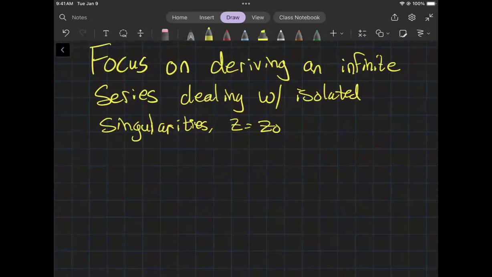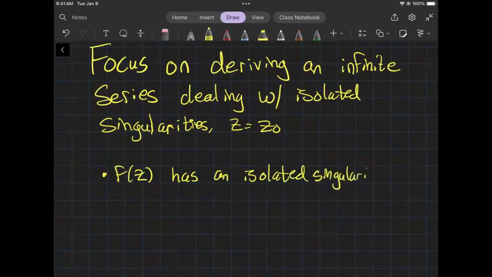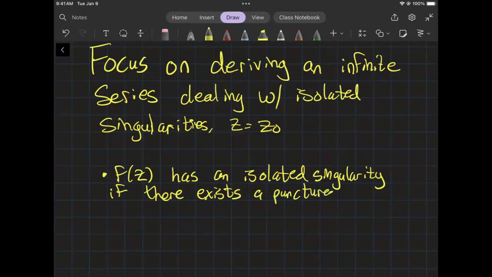And then a definition of what an isolated singularity is. So f of z has an isolated singularity if there exists a punctured disk. Punctured disk means it's a disk without including the center of the disk.